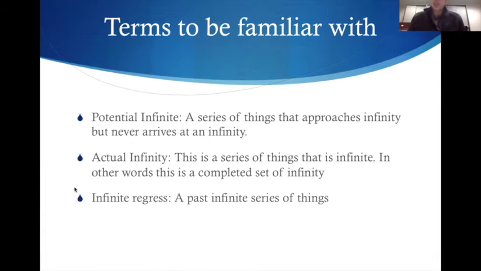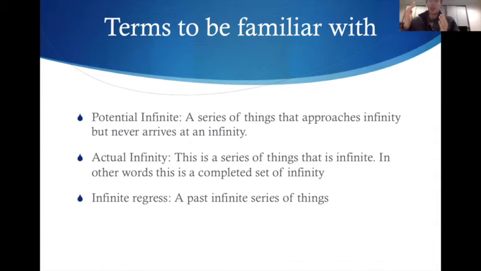Now, these are some terms you need to be familiar with before we actually get into the philosophical arguments against an actual infinity. The first one is potential infinity. A potential infinity is probably very familiar to most of us. This is just a series of things or numbers that is approaching infinity, but it never arrives at infinity.